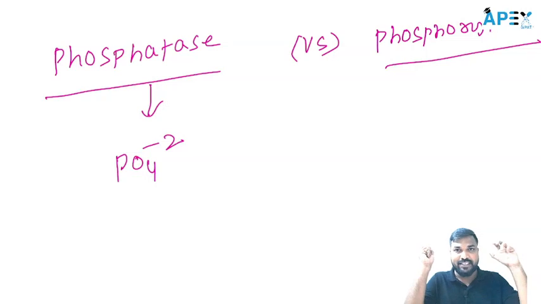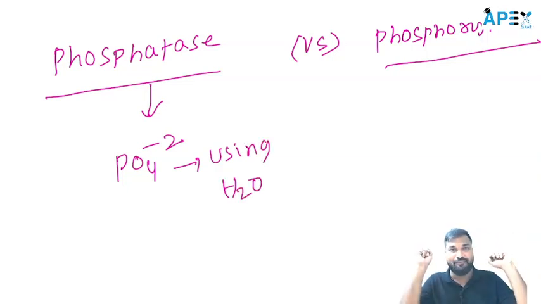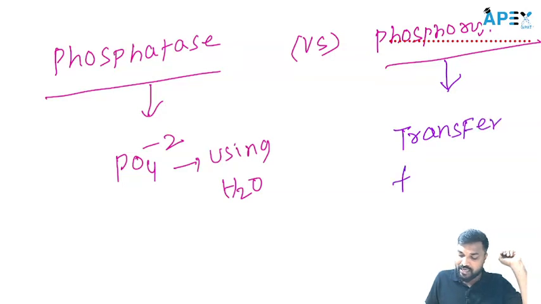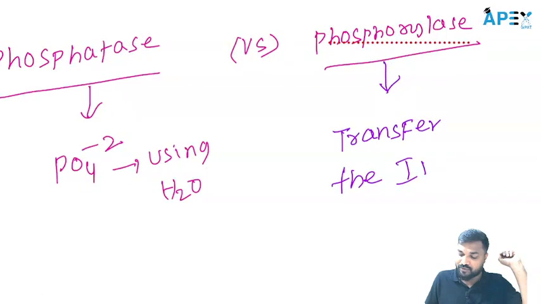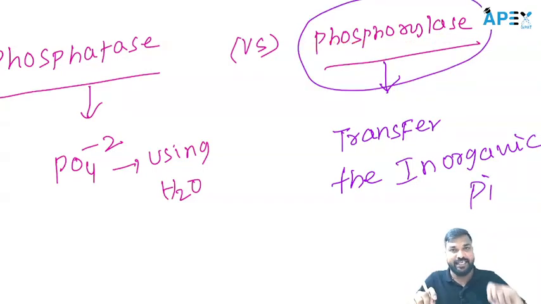In the phosphatase enzyme, the role is to remove the phosphate using water. Whereas phosphorylase means it transfers the inorganic phosphate. So that is what the phosphorylase enzyme does.